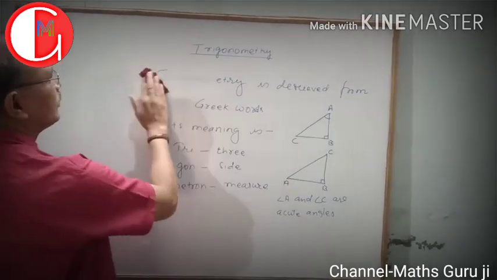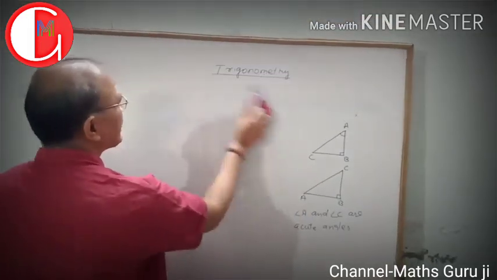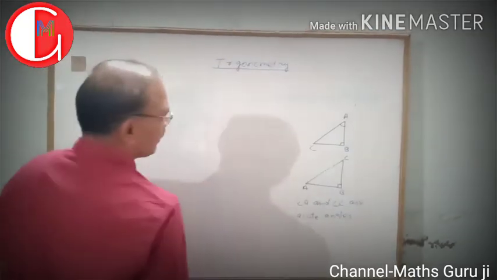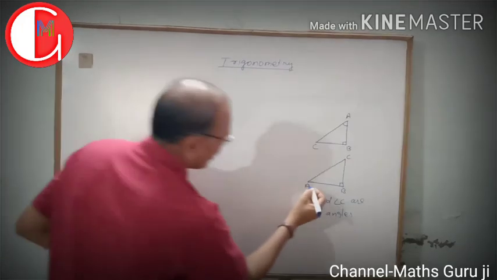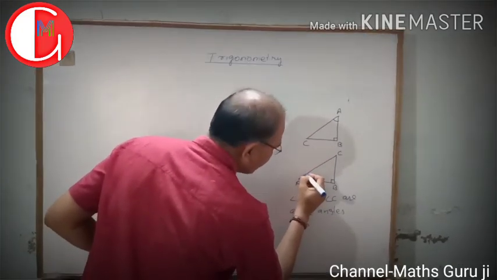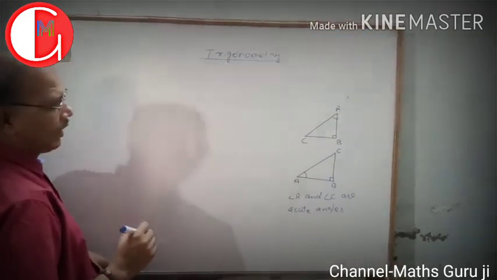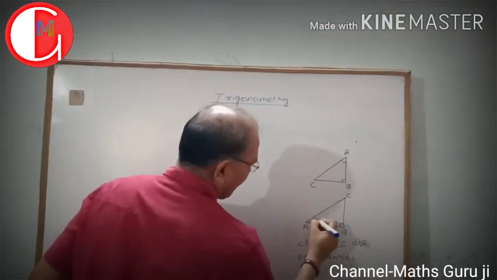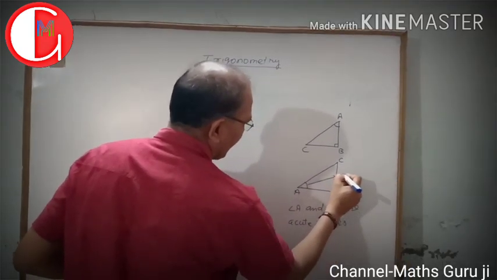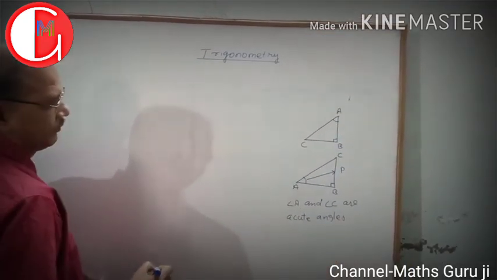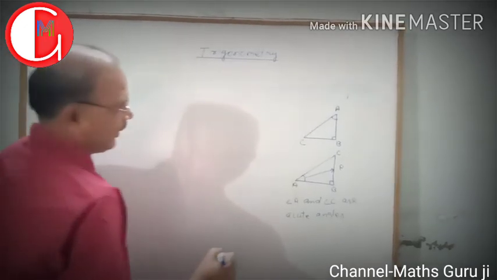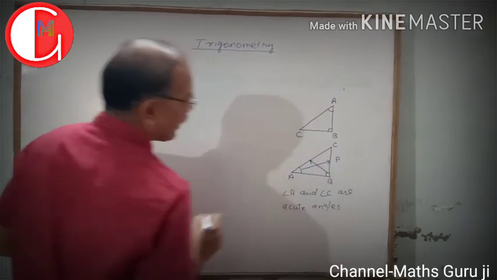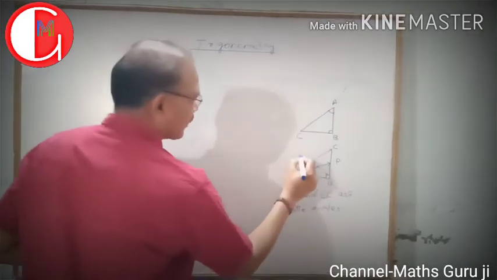Now, the basic concept of trigonometry. If we are going to describe angle A, the opposite side of angle A is known as perpendicular, and the opposite side of the right angle is called hypotenuse.